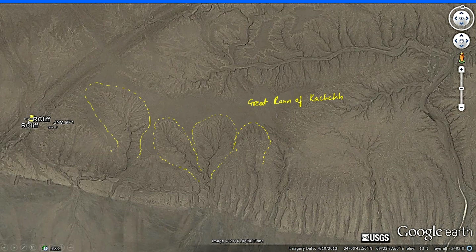Okay. So, typical smaller order streams are joining here and getting into the trunk stream. These are typical of how we see the evolution of the drainage here. Here also you can see.